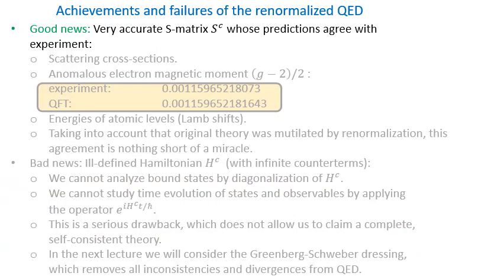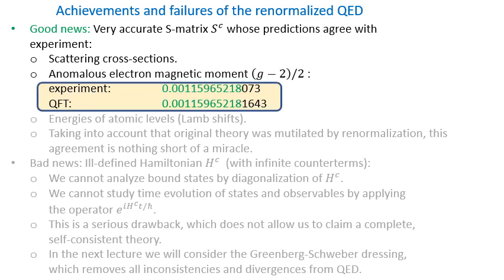Let me now summarize both achievements and failures of the renormalized quantum electrodynamics as I see them. Of course, the good news is that this theory provides an exceptionally accurate S-matrix for charged particles and photons. All relevant scattering cross-sections agree with experiment in a broad range of energies.